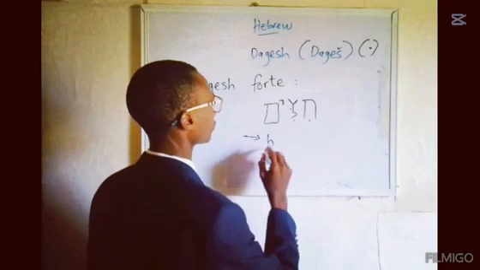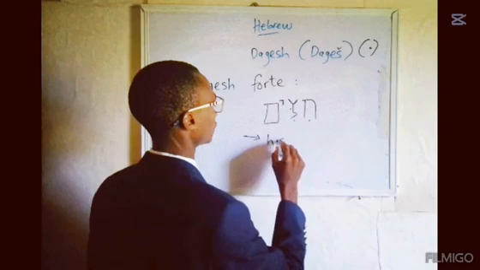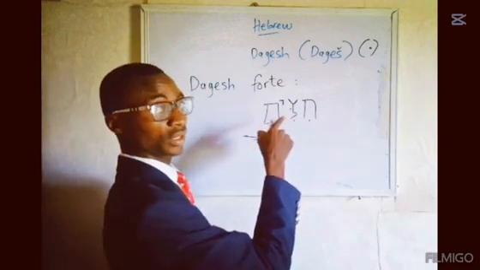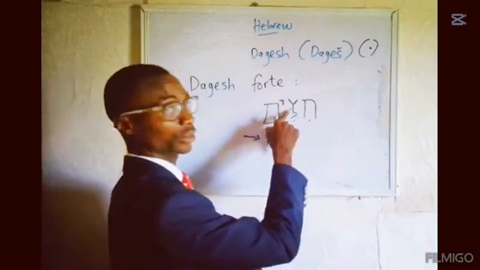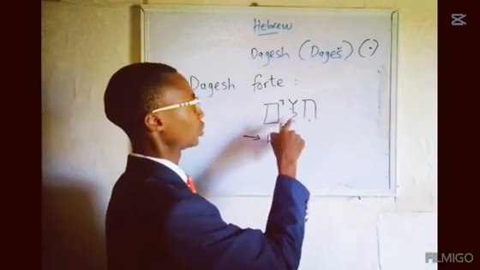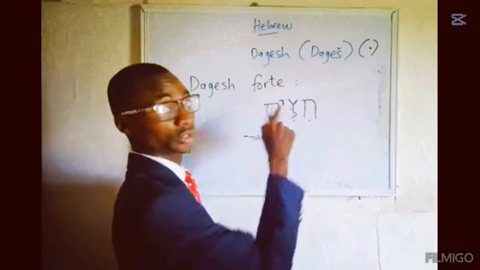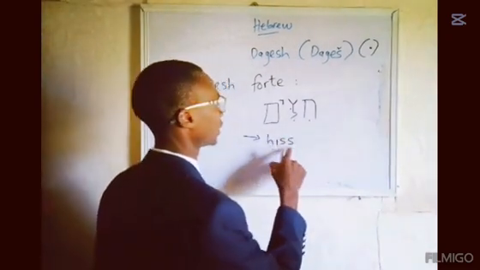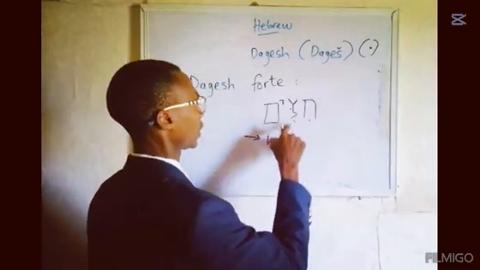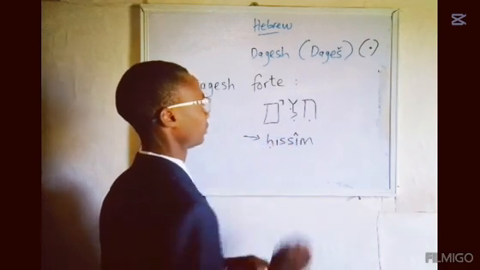Here we have the Shin. Now this is a dot at the bottom of Shin. So it's a Dagesh Forte. So it deepens and it doubles the letter. So it becomes Shin. Then we have the Hireq Yod. Then we have the Mem, final Mem.